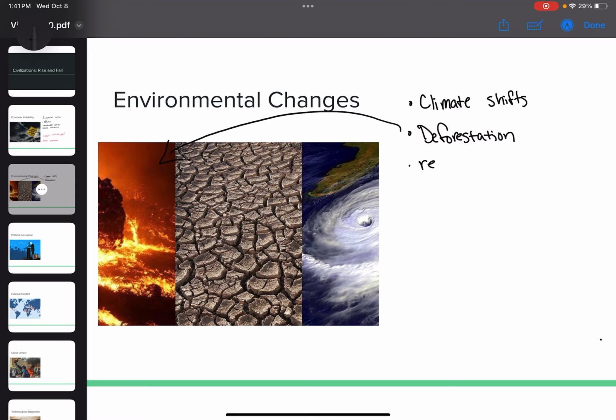The next one, resource depletion, leads to decline.